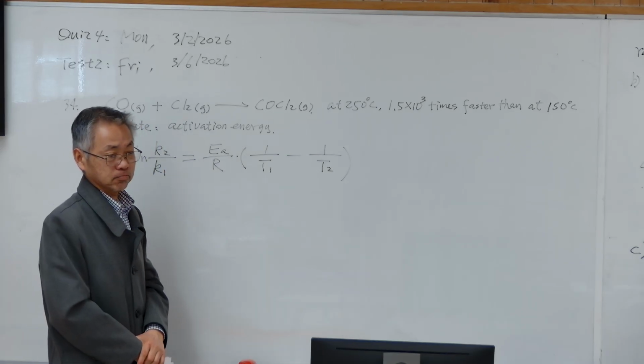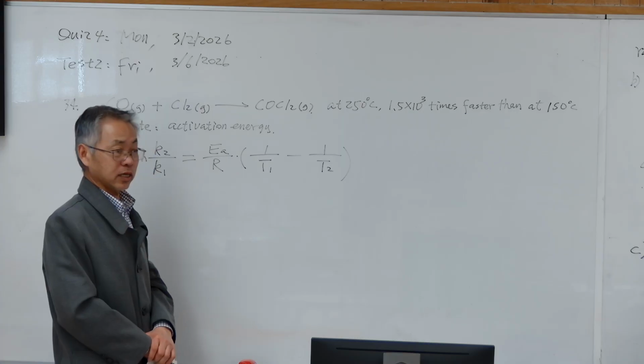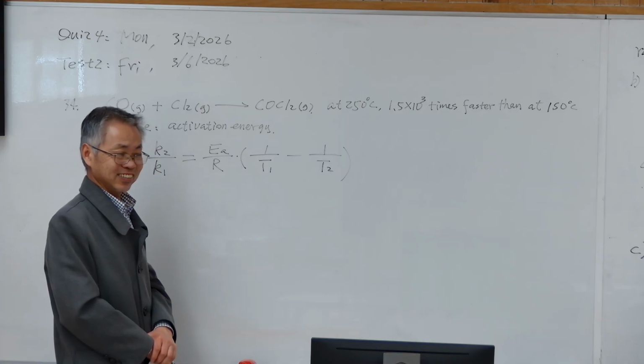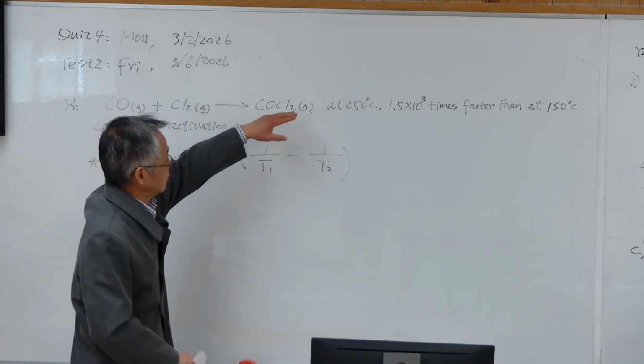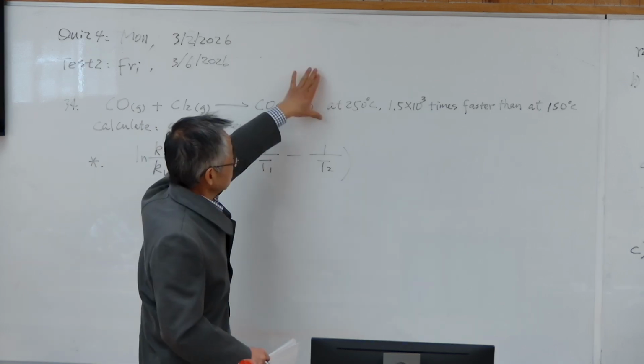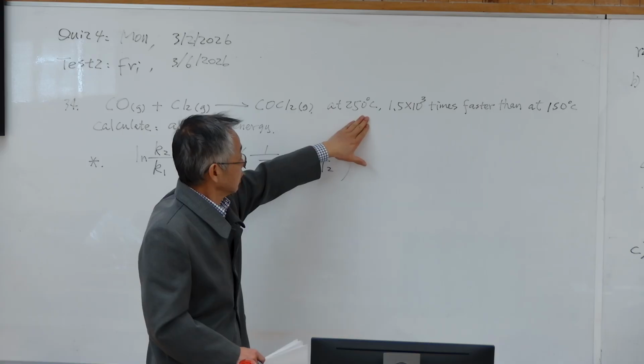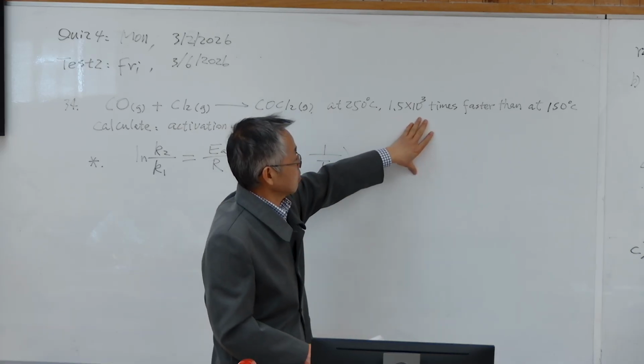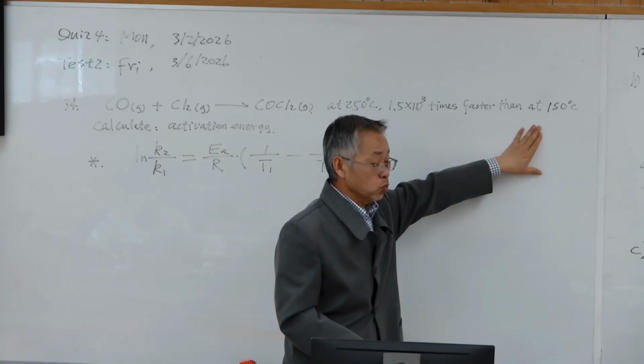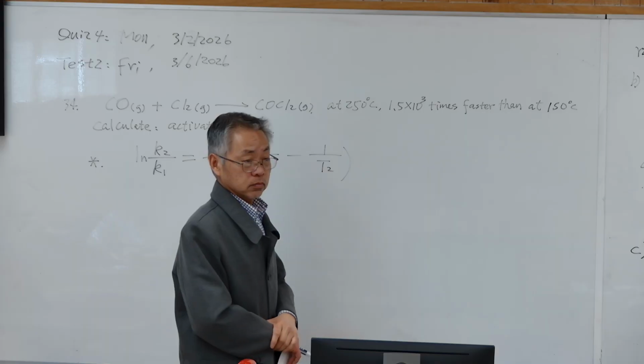Then what is K1? What is K2? What is T1? What is T2? The rate at 250 degrees Celsius is 1,500 times faster than at 150 degrees Celsius.